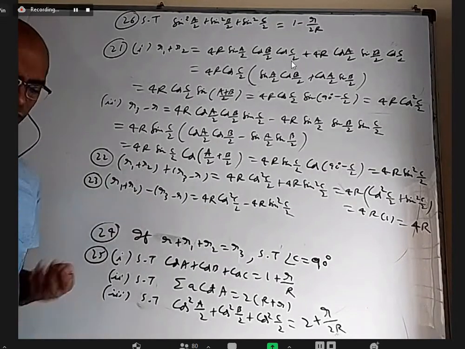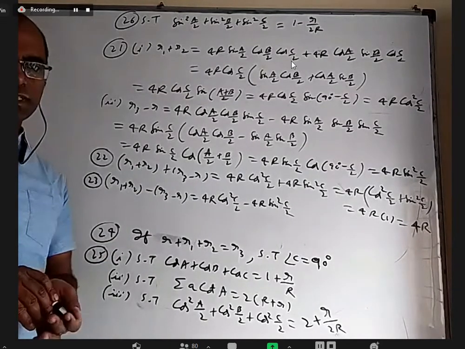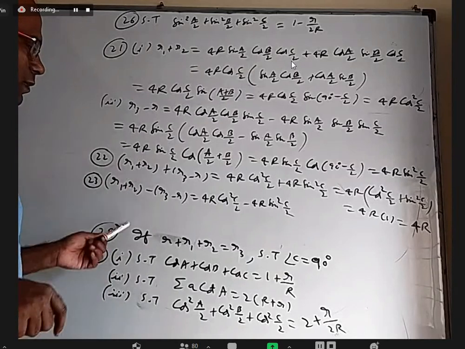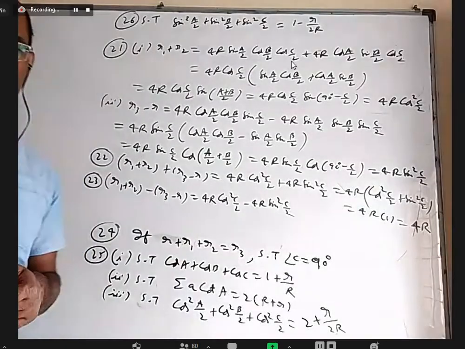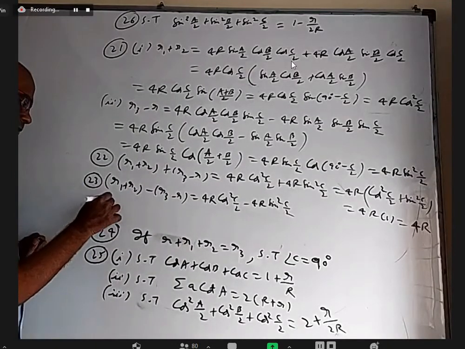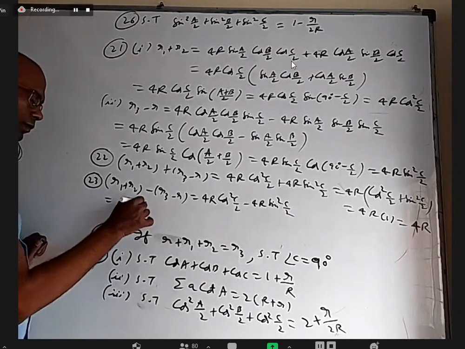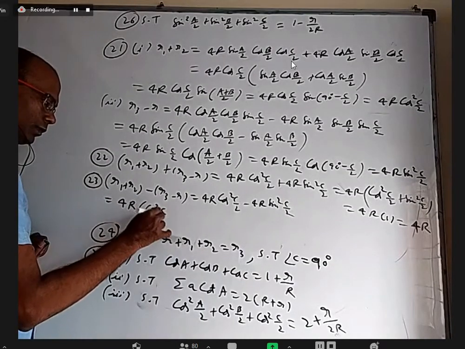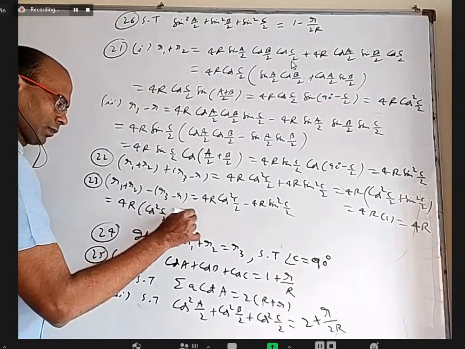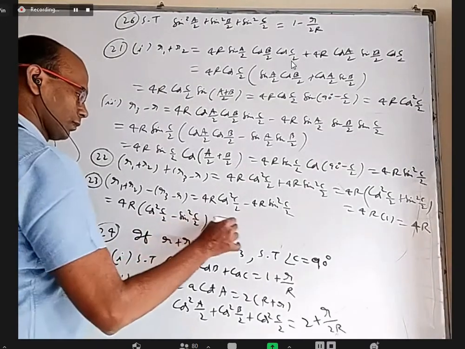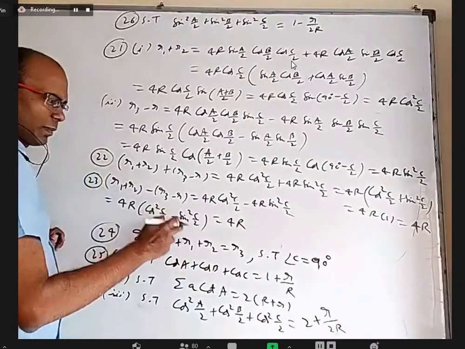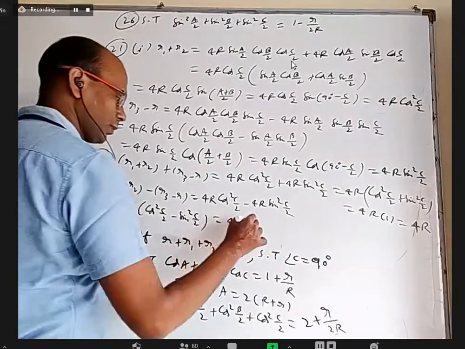Basically, all these are done by these formulas, and it is easy. If you try to do it by delta by S minus and all, it will come, but it will be quite lengthy. This is cos square theta minus sin square theta, the cos 2 theta formula.